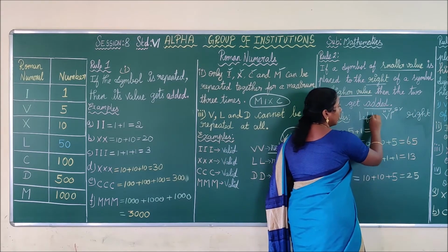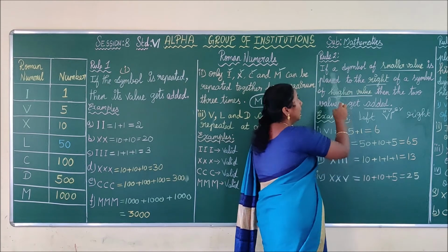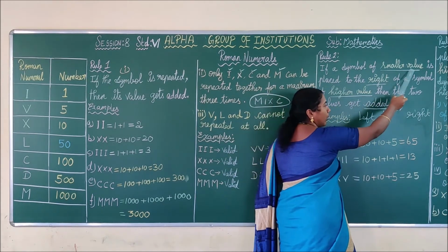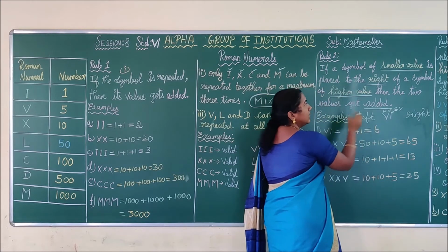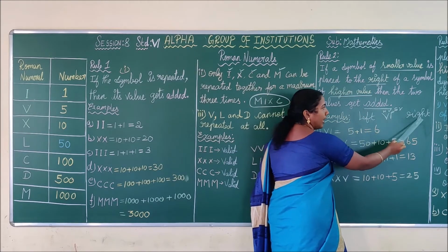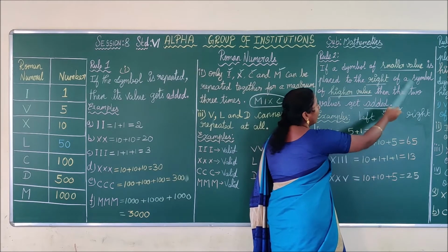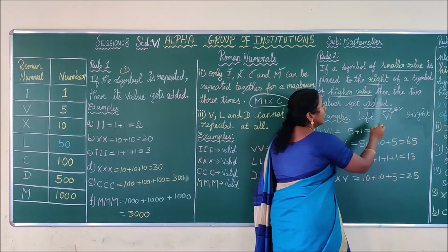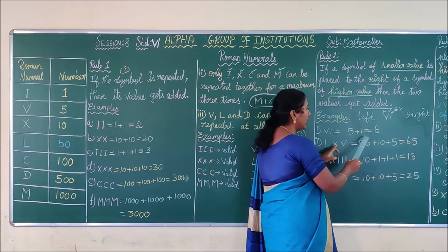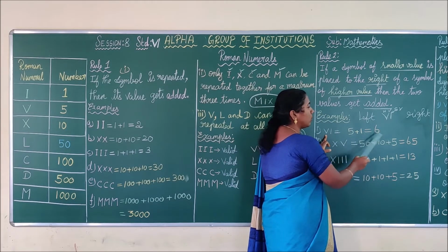Now again you have to read the rule. If a symbol of smaller value is placed to the right of a higher value, which is the higher value here, V, then the two values get added. See here, the two values get added. 5 plus 1 equal to 6.